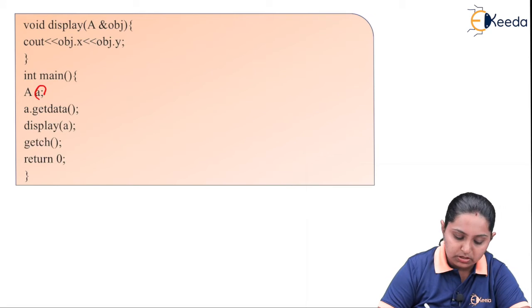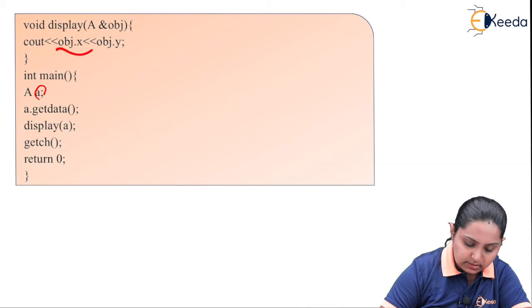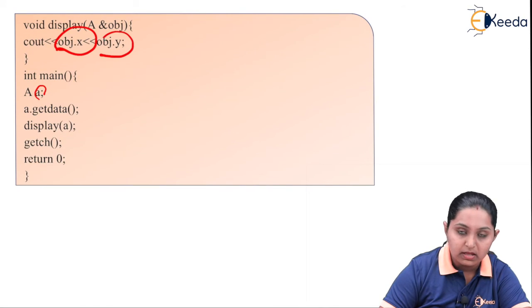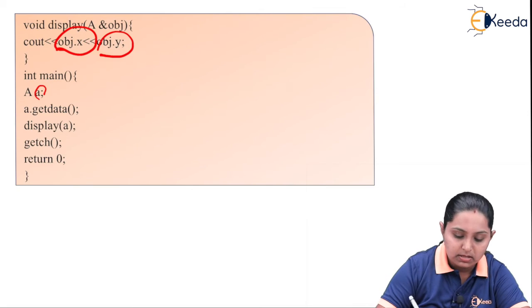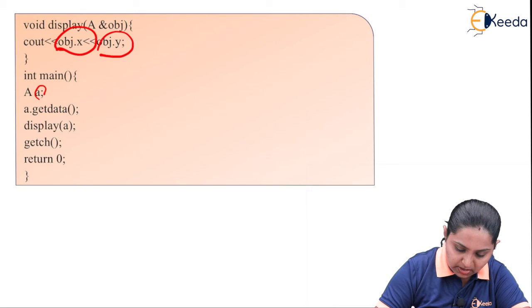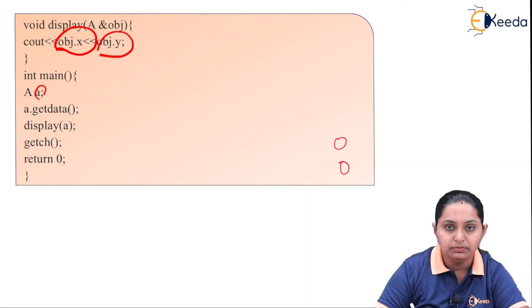So if I execute this code, I'll get the output as the value of x and the value of y. Whatever you specify, that value you will get at the time of execution. By default, you will get the values of a as 0 and 0.